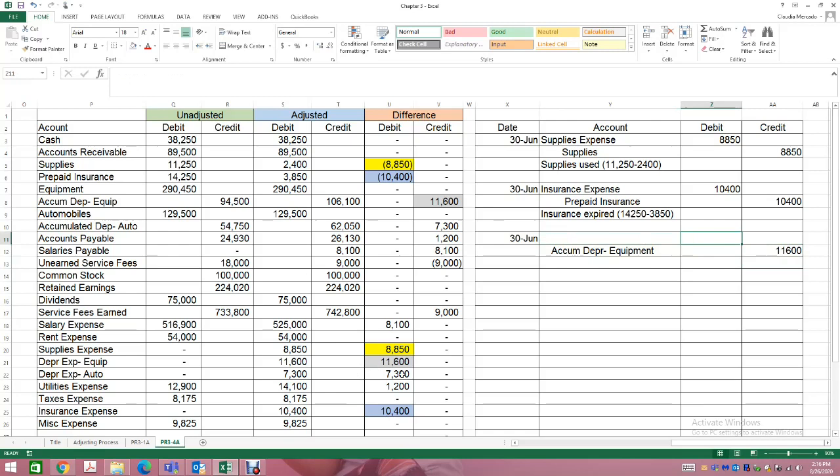The debit belongs to my depreciation expense, $11,600.